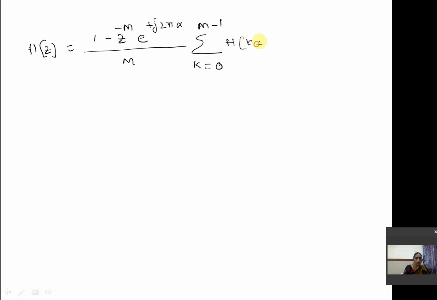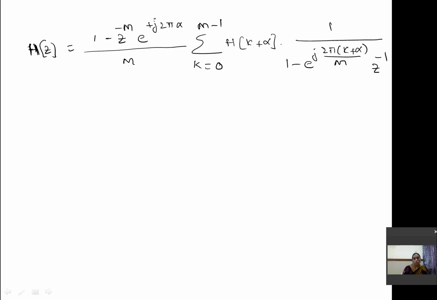So now the equation becomes H(z) is equal to (1 - z^-M e^(+j2π alpha)), since e^(j2πk) is 1, times 1/M summation k=0 to M-1 of h(k+alpha) by (1 - e^(j2π(k+alpha)/M) z^-1). So for the desired frequency response, that means H(omega) is there, we just sample the omega.